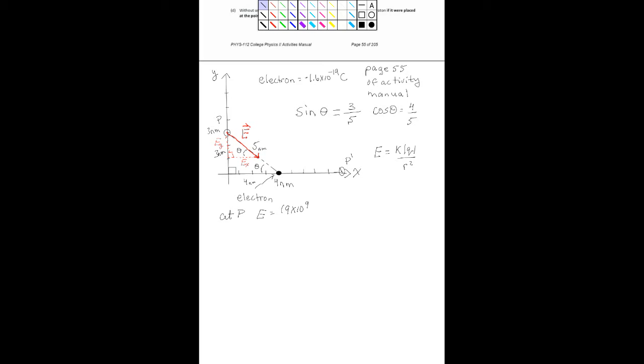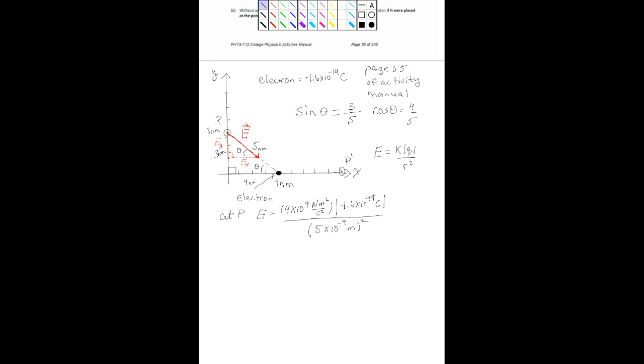It has units of newtons meters squared over coulomb squared, times the absolute value of the charge, which is negative 1.6 times 10 to the negative 19 coulombs, and we divide by the distance squared. So that distance is 5 nanometers. In meters, it's 5 times 10 to the negative 9 meters, squared.